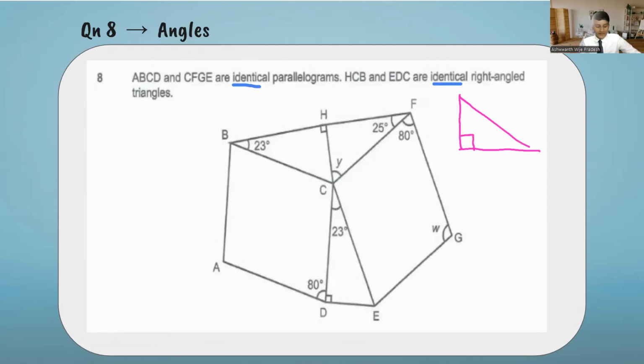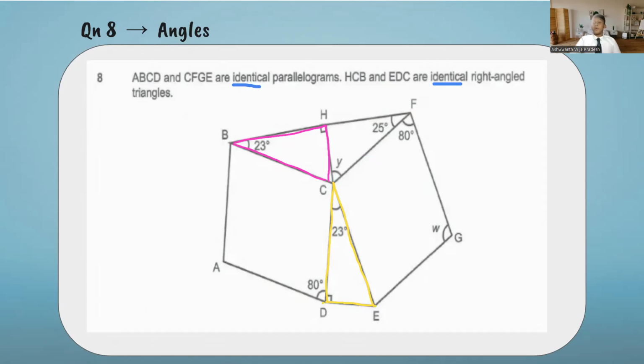If you try to locate them, HCB is actually this, and EDC is this one. So remember, it's not this one. When you see that there are two triangles, you can't just assume that this is identical. It's not. So let's continue.